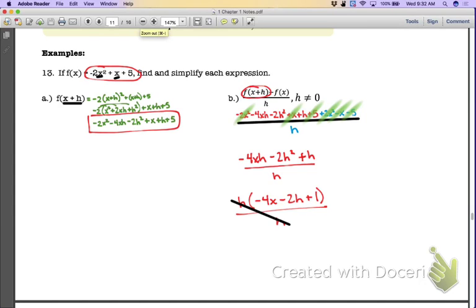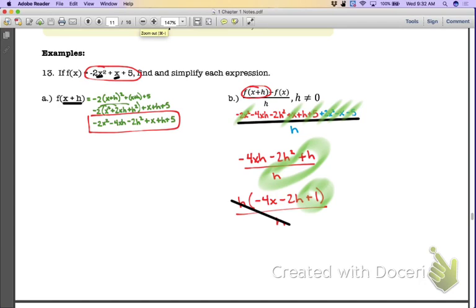If you just want to cancel, the biggest thing is right here: don't forget to make that a 1. If a mistake's going to get made, students are just going to cancel it off and forget that there's really a 1 there.